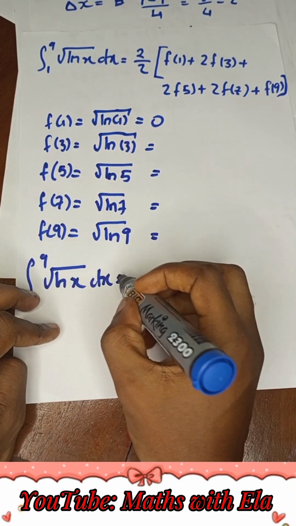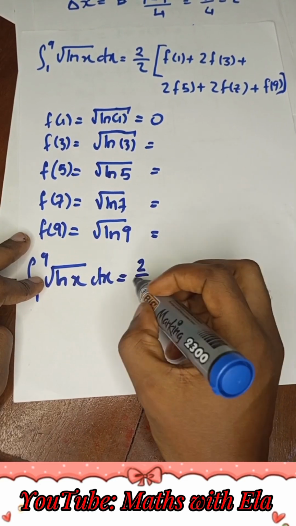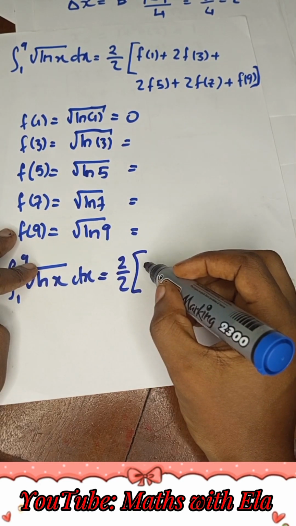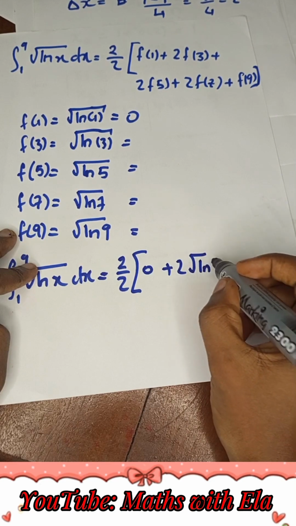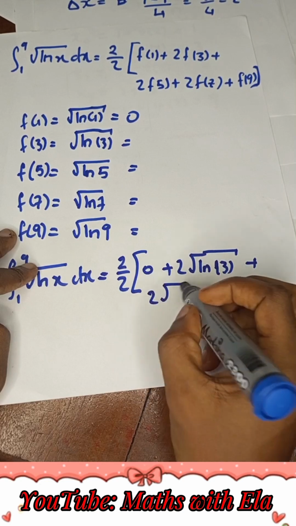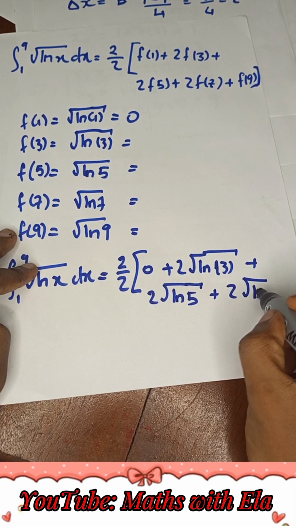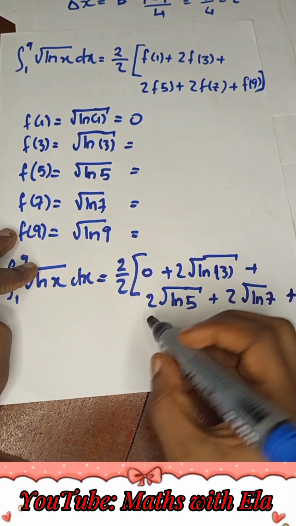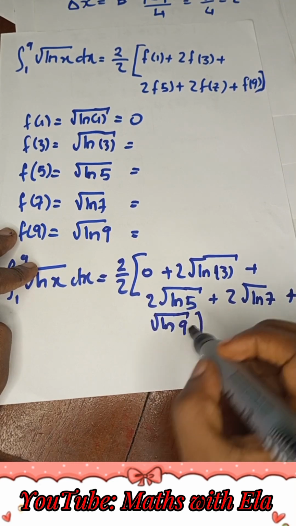So this would be 2 over 2, that gives us 1. Let me just put it here. So f of 1, which is 0, plus 2 square root of ln 3 plus 2 square root of ln 5 plus 2 square root of ln 7 plus the last term doesn't have a 2, so we have the square root of ln 9.